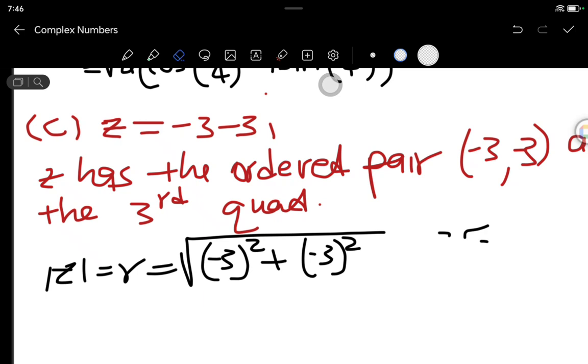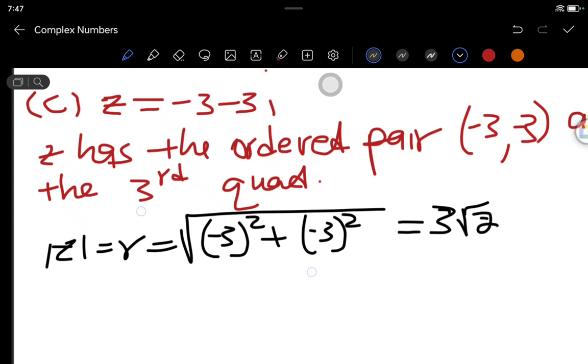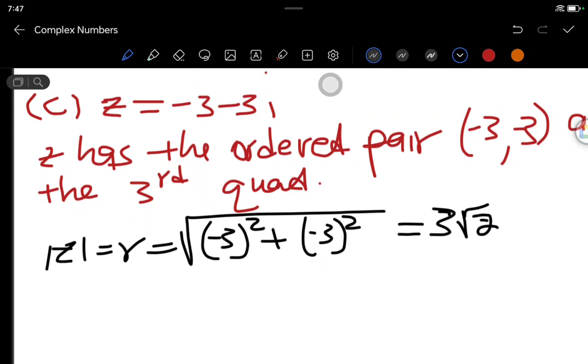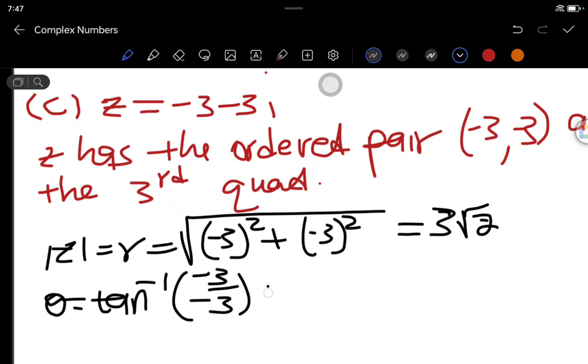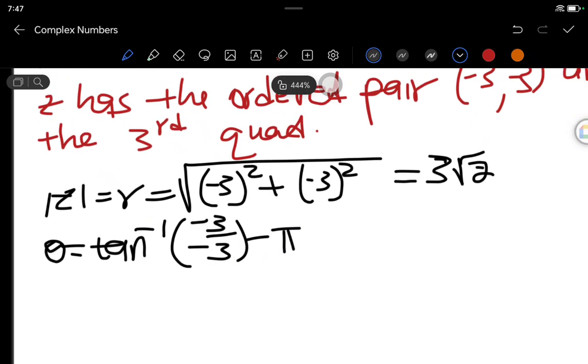Now we have this answer as the modulus. Now we come to our angle, arctan of minus 3 over minus 3, and then here we see that we're going to subtract pi. This is the third quadrant. Then this is going to be arctan.